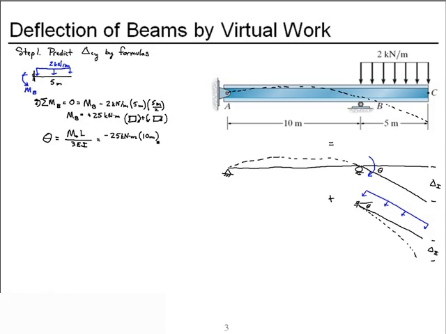AB is 10 meters long. We divide by 3. 200 gigapascals is going to be 200 times 10 to the 6th kilonewtons per meter squared. And so our kilonewtons will cancel numerator and denominator. And my moment of inertia, 70 times 10 to the 6th millimeters to the fourth.